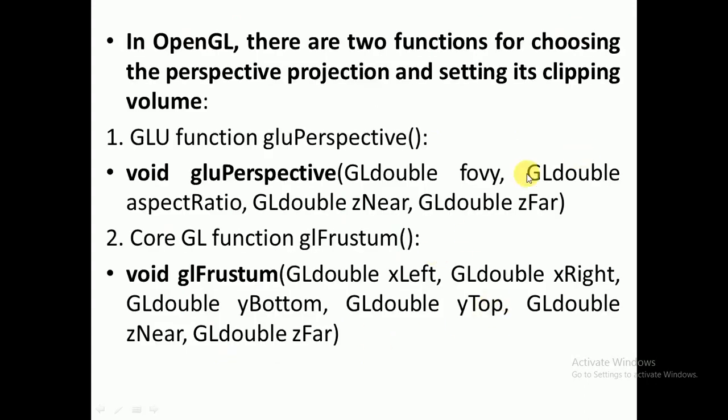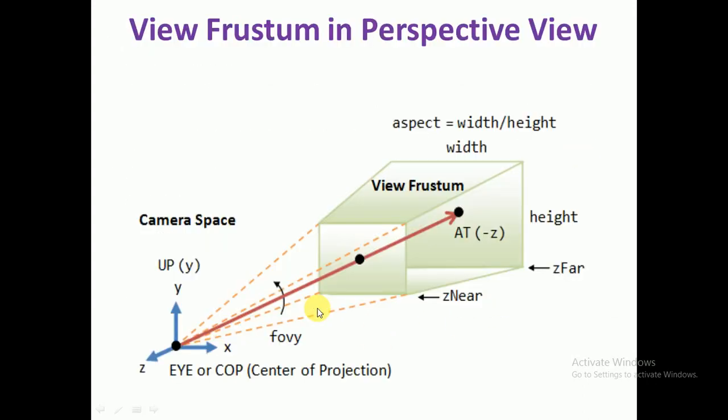Then the double aspect ratio. Aspect ratio is nothing but width over height. That aspect ratio of width and height is covered by the far width and near width, the near clipping plane and far clipping plane. That will be taken from this.